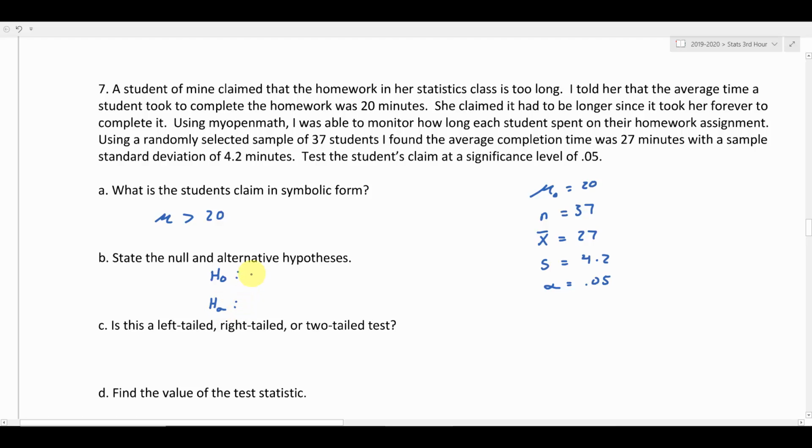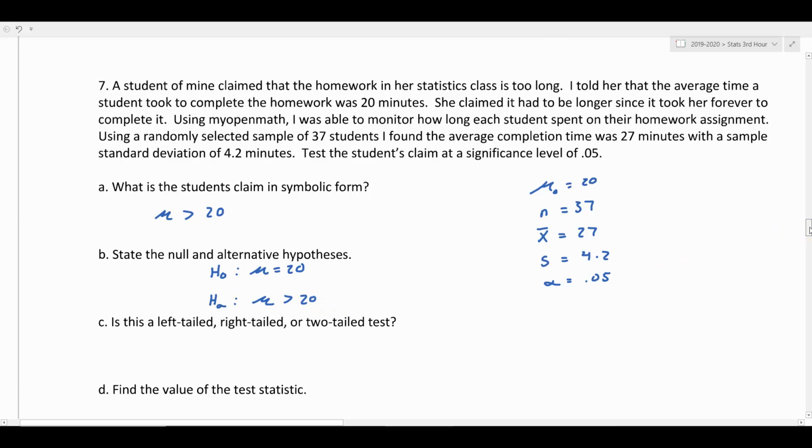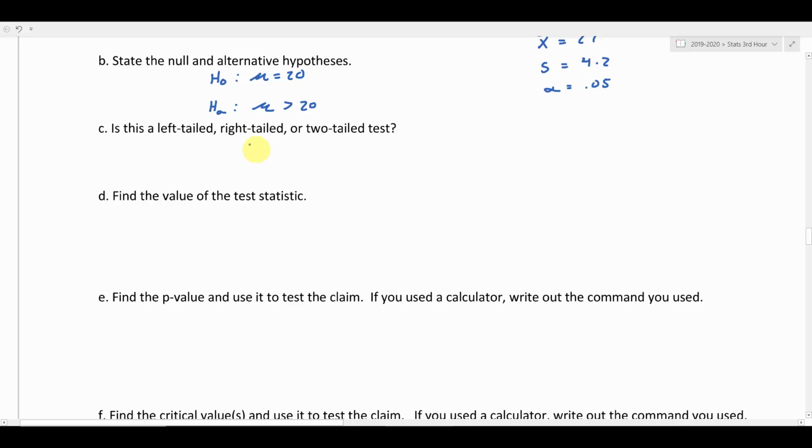So the assumption was that the mean is equal to 20 minutes, and the contradiction to that, or the claim here, is going to be that the mean is greater than 20 minutes. So this is our setup for the test. All right. So does that make this left-tailed, right-tailed, or two-tailed? Since we're going greater than in the alternate hypothesis, this is going to be right-tailed.